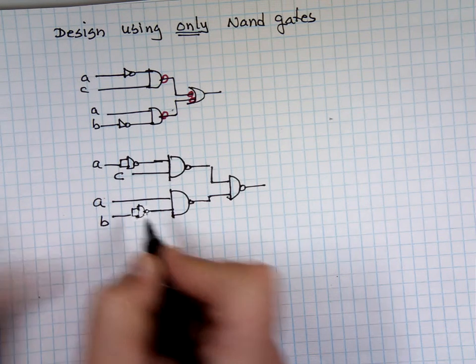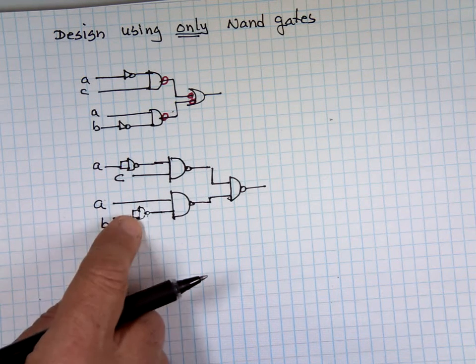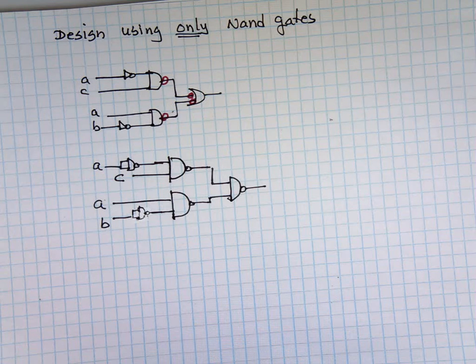So how many NAND gates do I need here in this example? 5. The chip has 4. I have to use 2 chips instead of 3. But if this wasn't a NOT here, I'll be in good shape. I could have used 1 chip to do all of them. I can use that NAND gate to be a NOT gate. If I need an OR gate, I can use a NAND gate in place of it if I do that. So that's really what the strength of DeMorgan's theorem is.